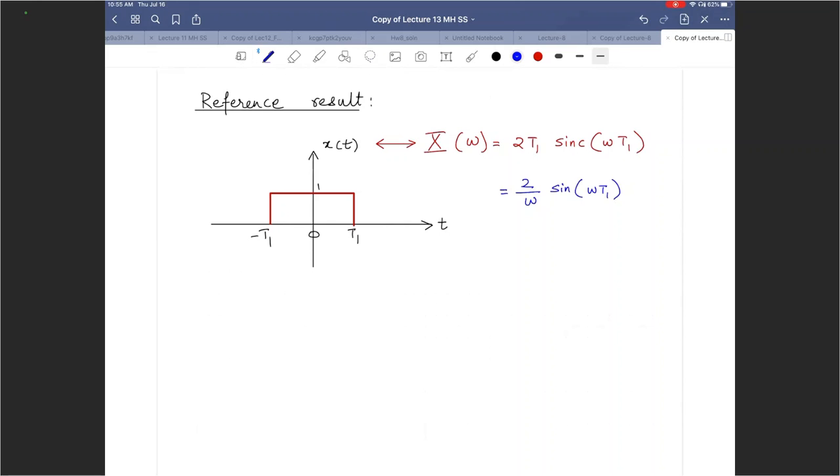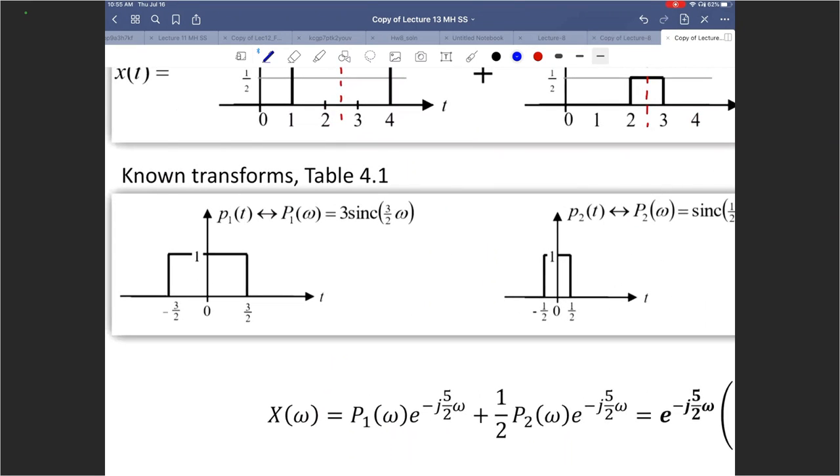Using this reference result in our example, if this is my pulse, height 1 from -3 divided by 2 to 3 divided by 2, I get the Fourier transform of that as 3 times sinc of 3 divided by 2 omega. Now the real question is, why did I use 3 divided by 2?